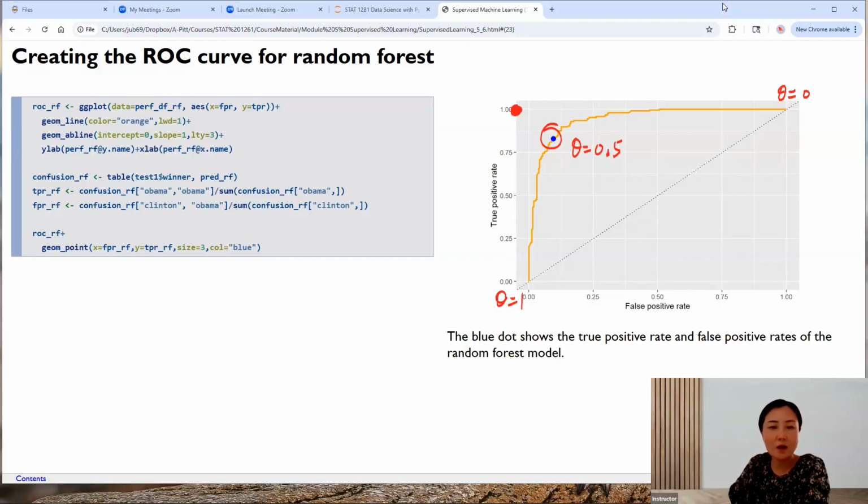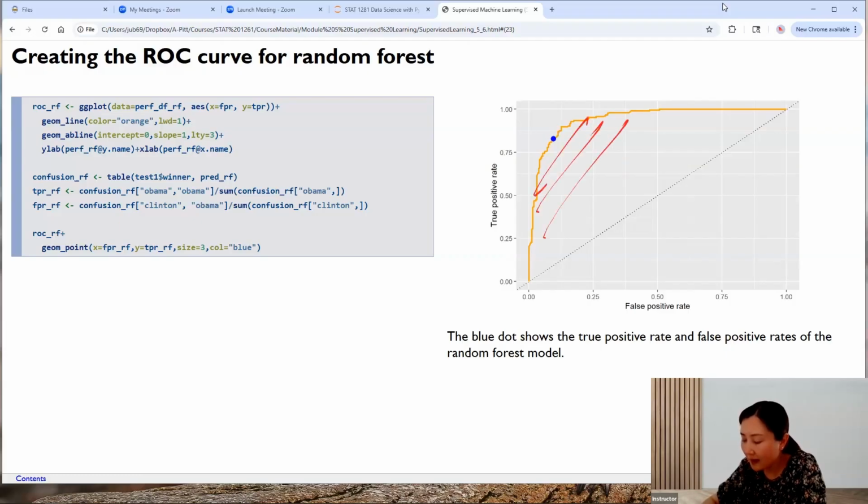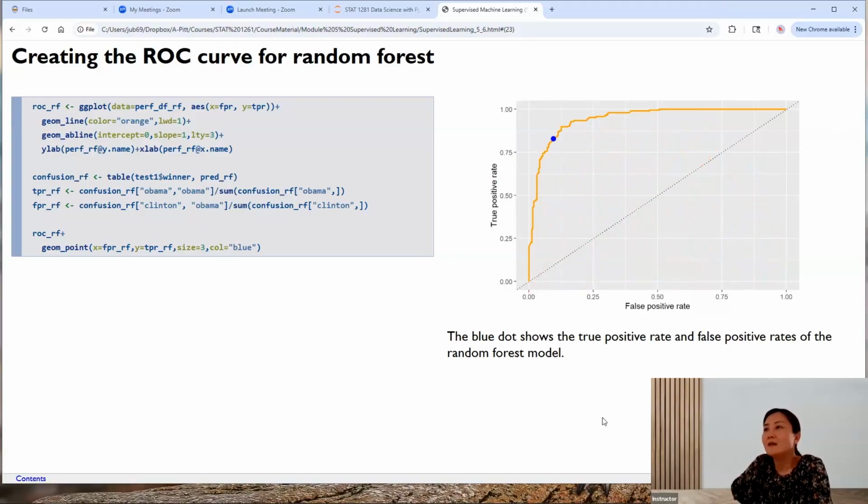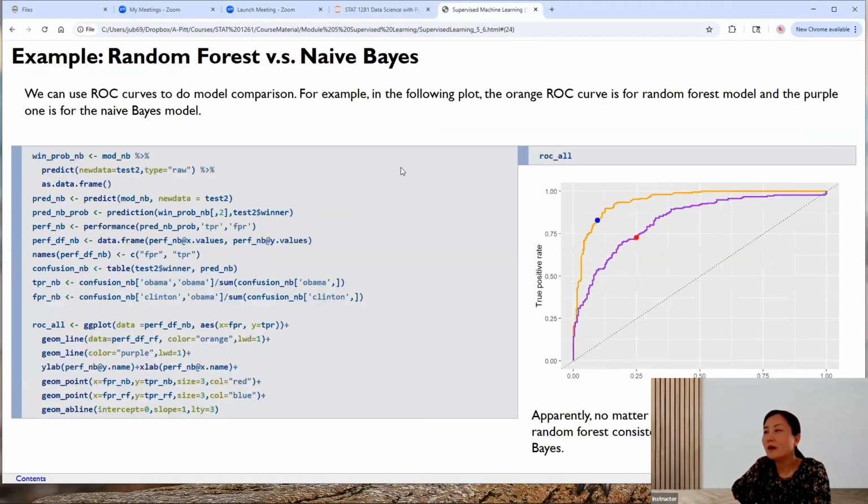It must be on the ROC curve. And this area is the area under the curve. You see for the random forest is quite large. Right? It's almost a square. So this is the ROC curve for random forest.